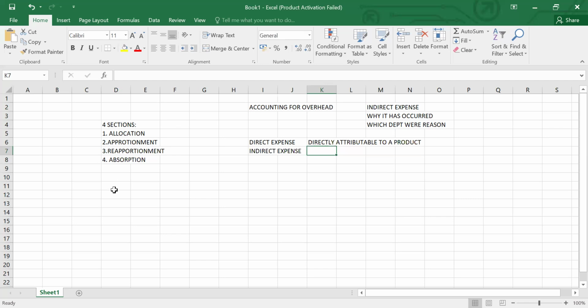Now, the very first section, the easiest one, is known as allocation. What is allocation?